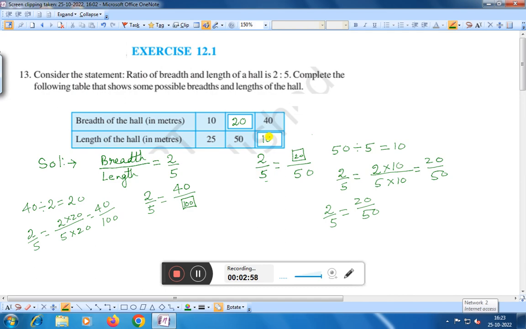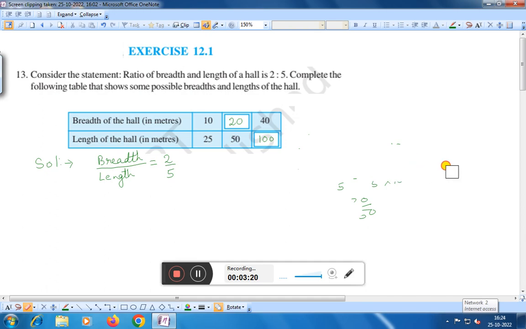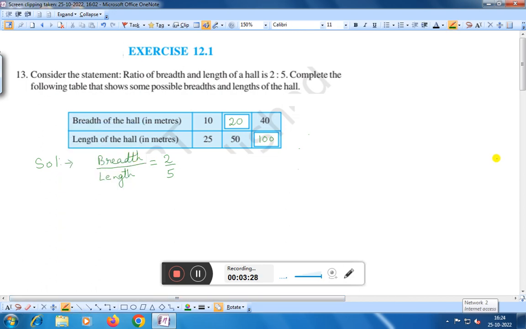You can do it another way also. The second method you can apply is like this. 2/5 is equal to dash by 50.